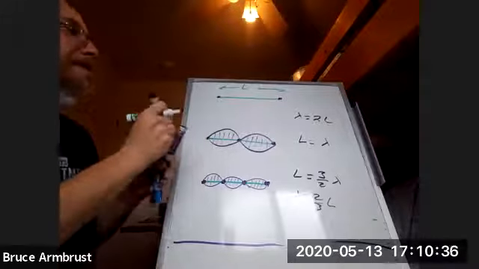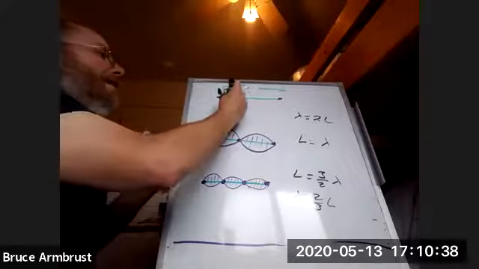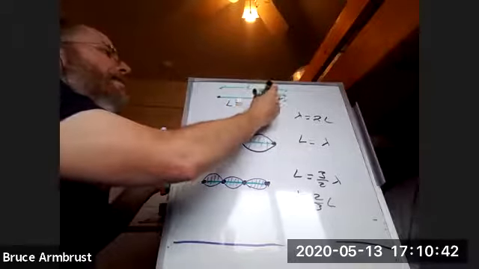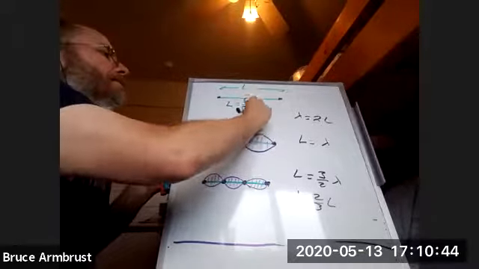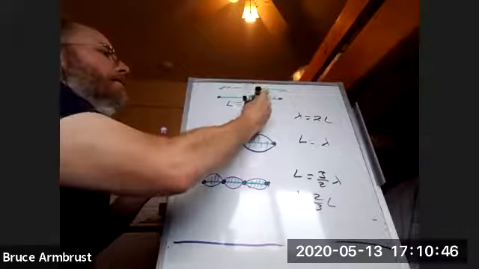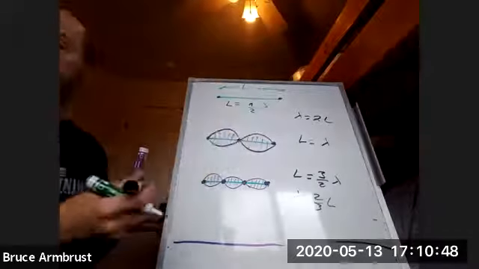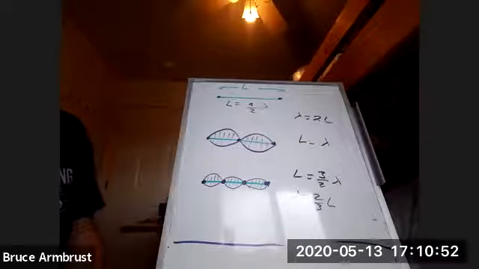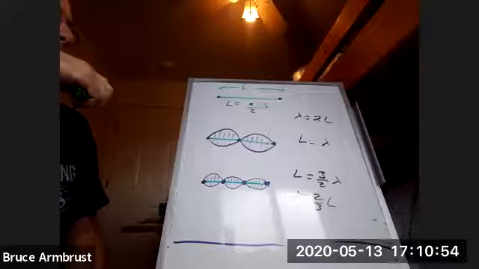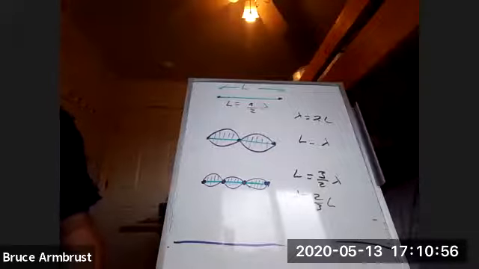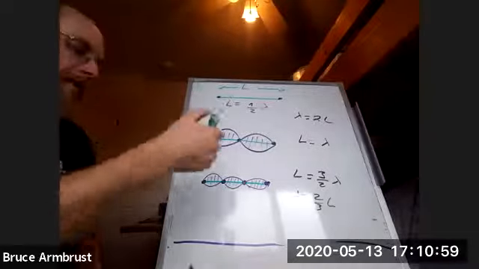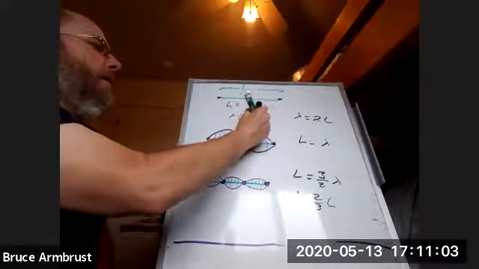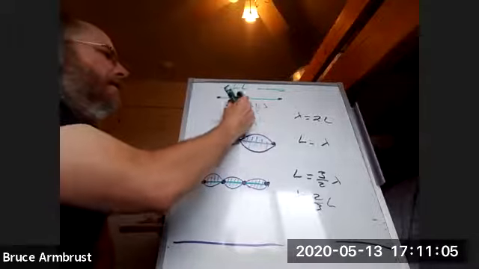But we know that this length has to equal some half number of wavelengths. That's what we actually calculated when we were looking at the superposition. Well, if we solve that for lambda, we get lambda is equal to 2L over N.